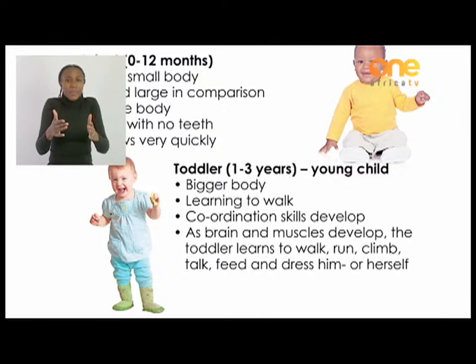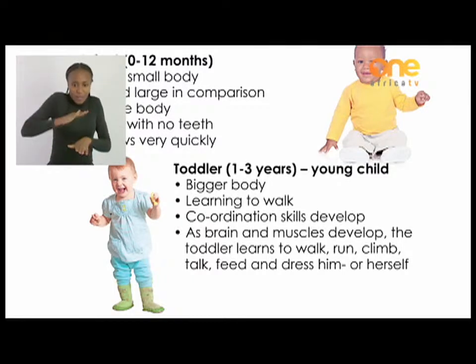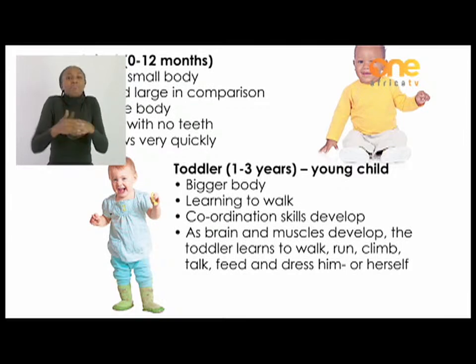Their coordination skills develop. It means that they now start to do things by themselves. They know that if I want to walk from here to there, I'll hold on to a chair, or I'll hold on to a bed, or whatever. As brain and muscle develop, the toddler learns to walk, run, climb, talk, feed, and dress by themselves.